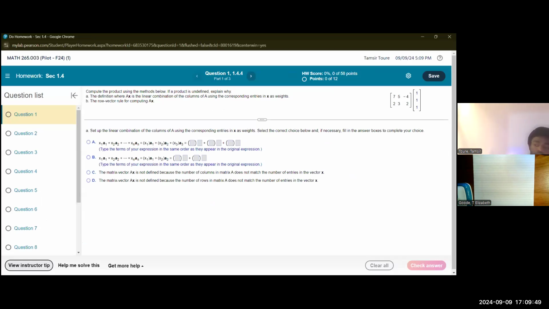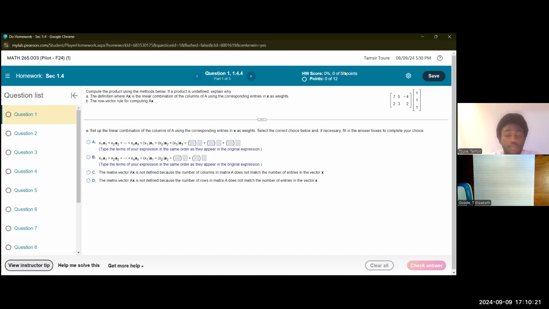Why don't you read the directions for part A and we'll think about that. It starts off, compute the product using the methods below. If a product is undefined, explain why. So part A. What do the instructions say?